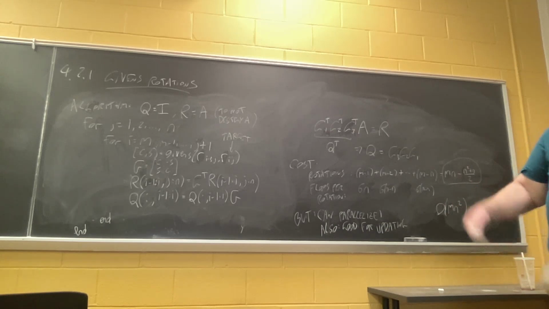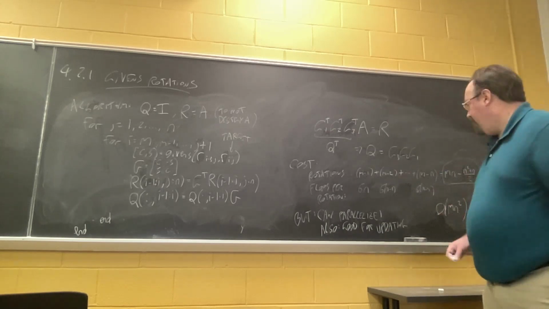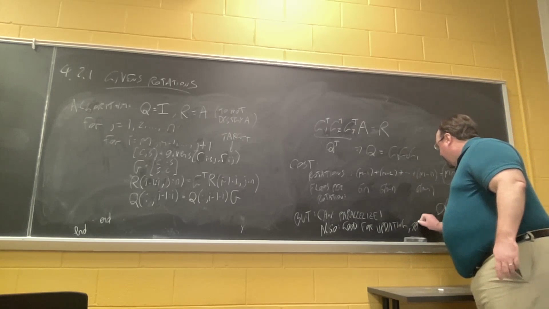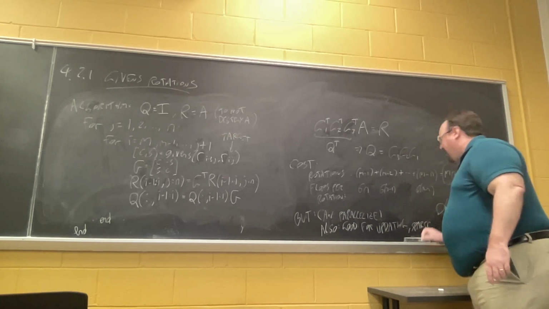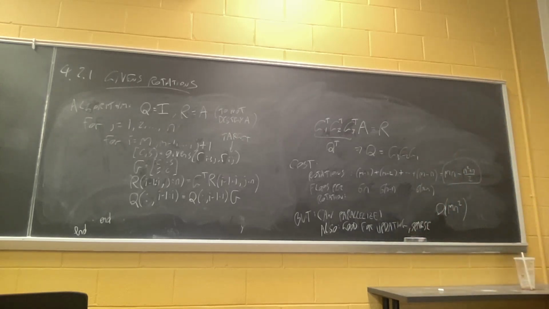Also, what if the matrix is sparse? Givens is preferable there too, because if there are only certain entries below the diagonal you need to eliminate, you can just pinpoint Givens rotations at each one, whereas something like Householder would do excessive work.